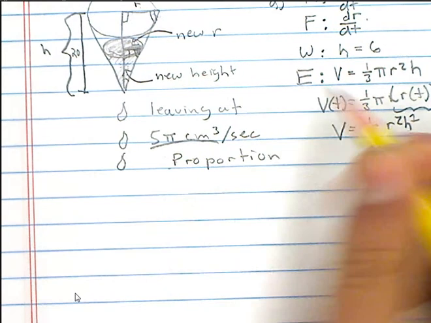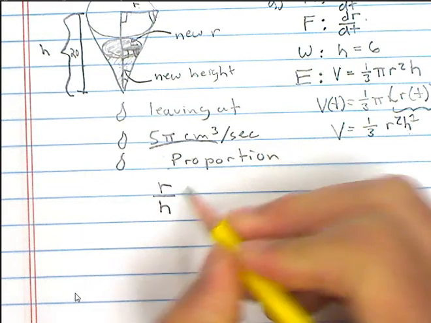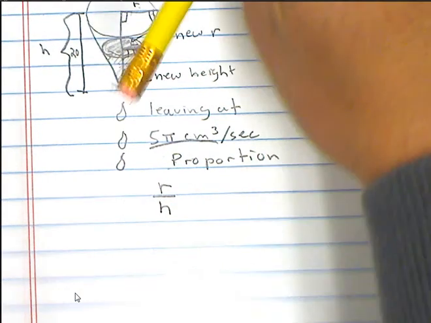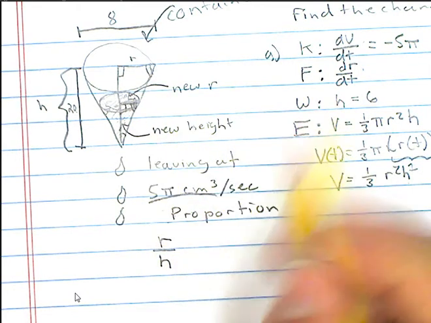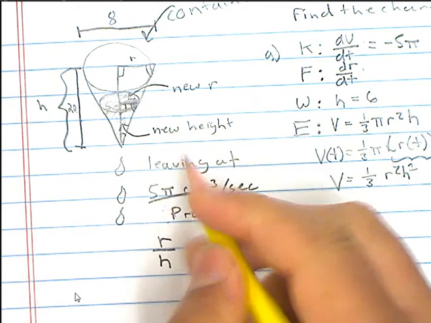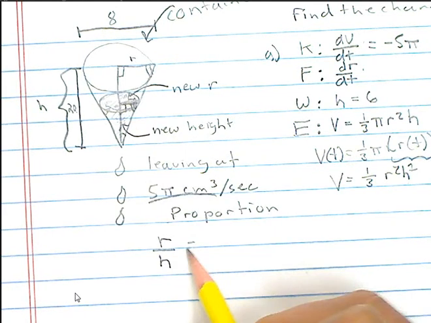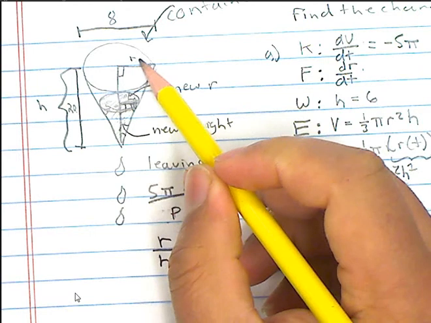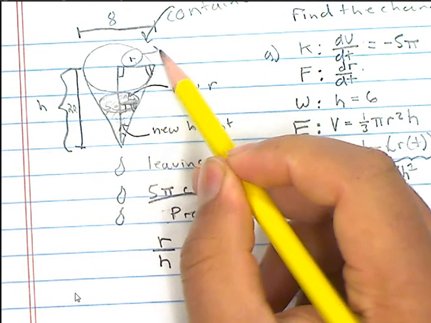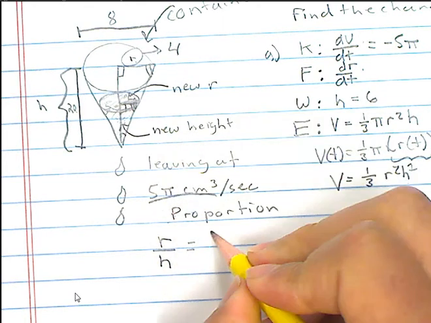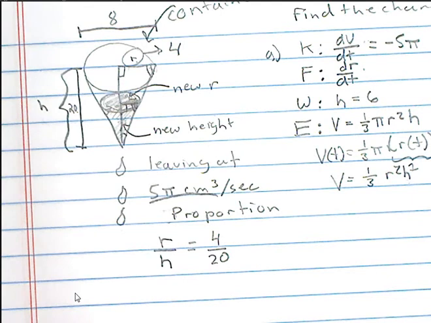It doesn't matter which pair we use; they're all proportional. So the new R over the new H is going to be equal to this R over this H, which is 4 over 20. And there you have a simple proportion just using similar triangles.